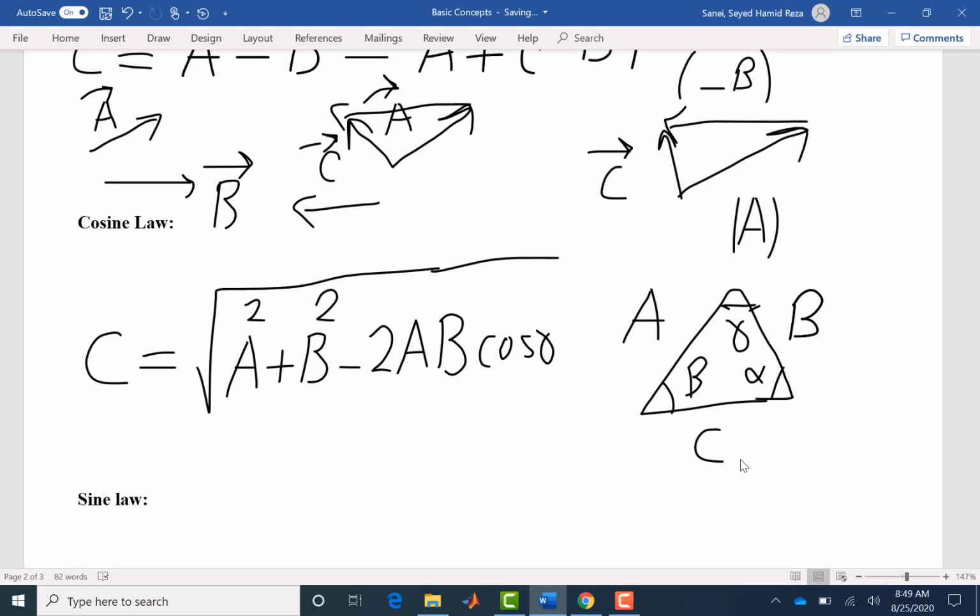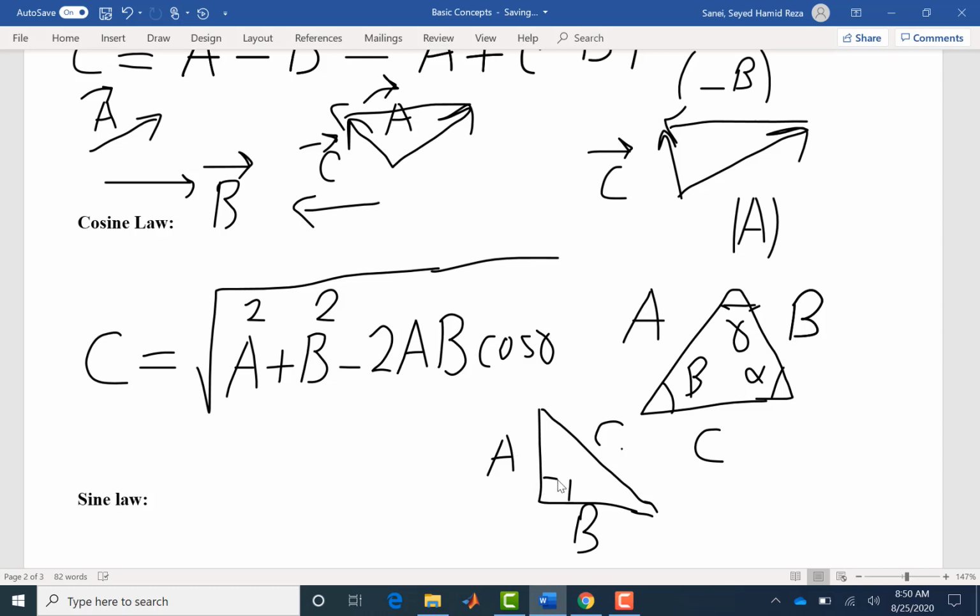If it is a right triangle, we can use another simpler rule, which is the Pythagorean rule. So let's say we have a right triangle, to see what we get if we use the cosine rule, and the angle in between is 90, and I want to find C. So I have A squared plus B squared minus 2 times AB cosine of the angle in between.